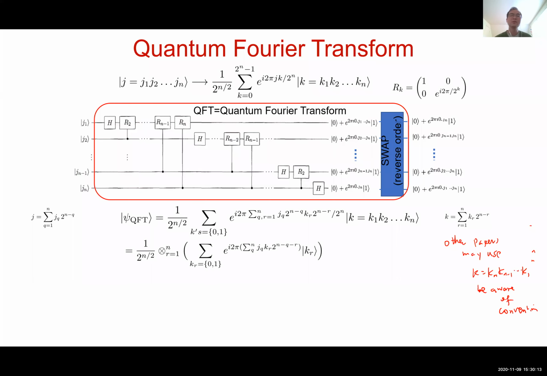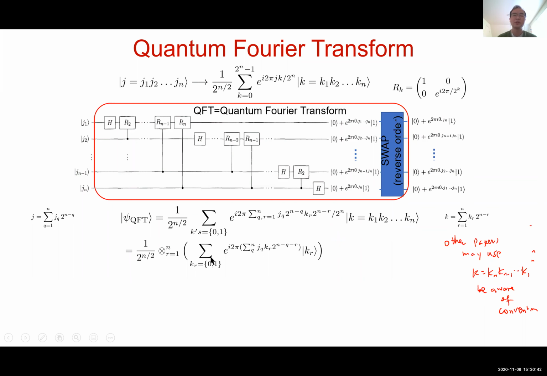Okay, so I'm going to do this derivation, so bear with me. First, we write J in terms of this form and K in terms of that form. So you have Jq times 2 to the n minus q, Kr times 2 to the n minus r, and you sum over all these q and r. You can do it qubit by qubit.